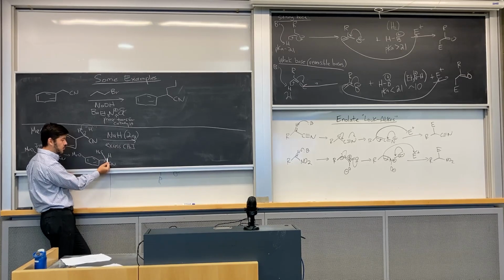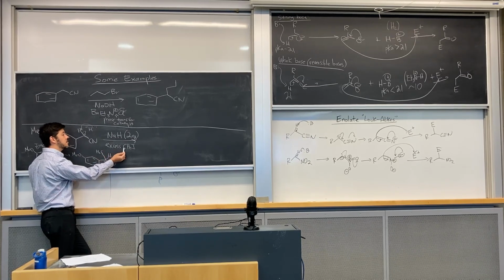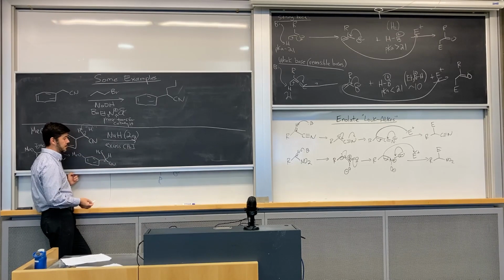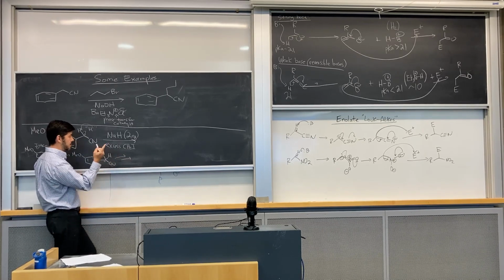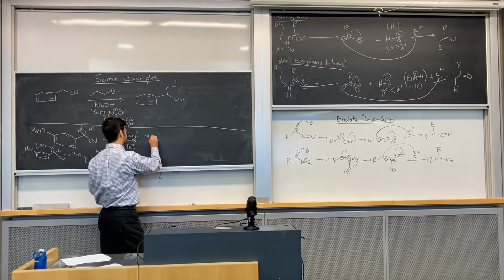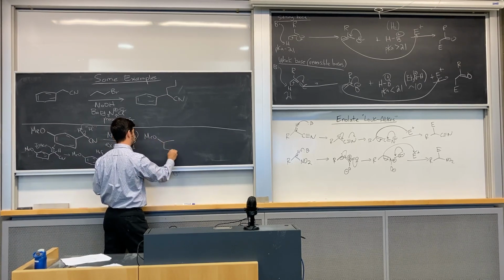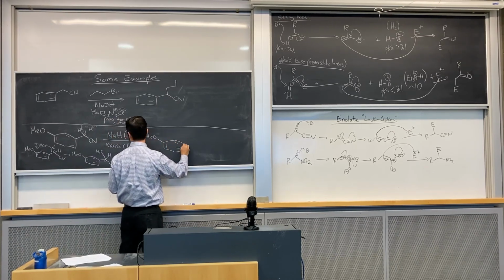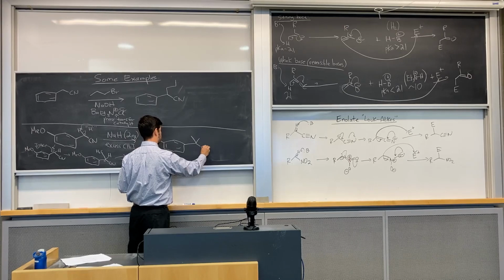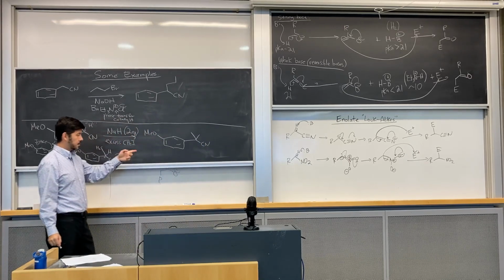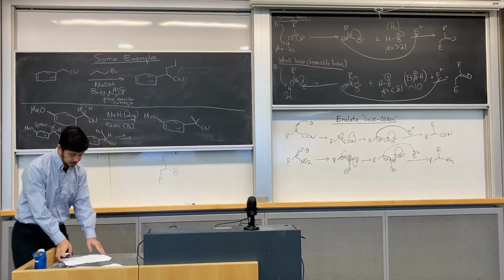So now your second equivalent can come in, form that carbanion, stabilize it through the nitro group, then it comes back and reacts with another molecule of methyl iodide. So your final product will look exactly like that.